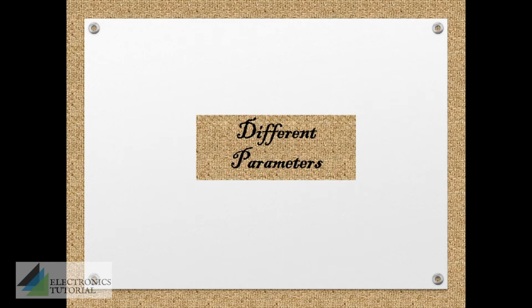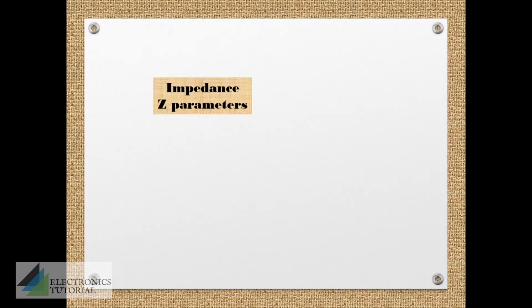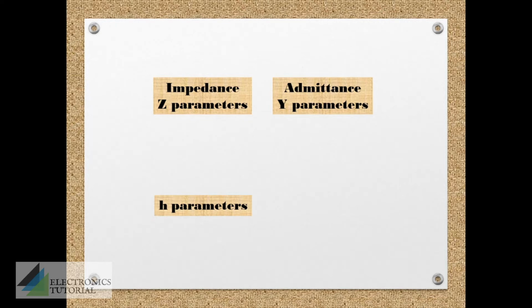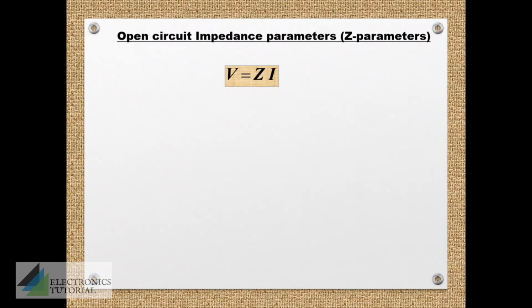In a two-port network, we can define different parameters. Mainly, we can categorize these different parameters as impedance parameters or Z parameters, admittance parameters or Y parameters, H parameters, and ABCD parameters. Let's move on to the first category, Z parameters.